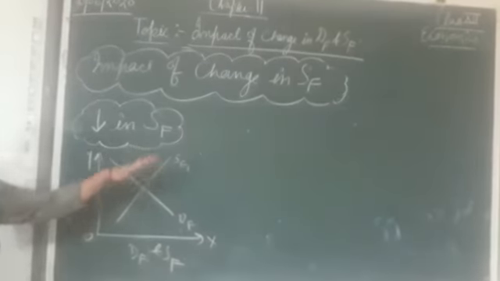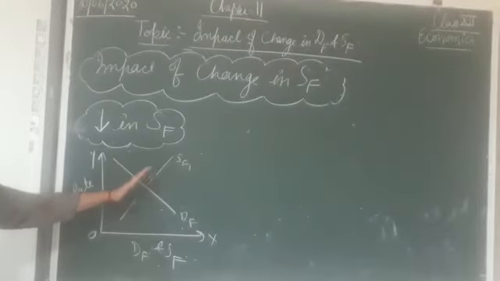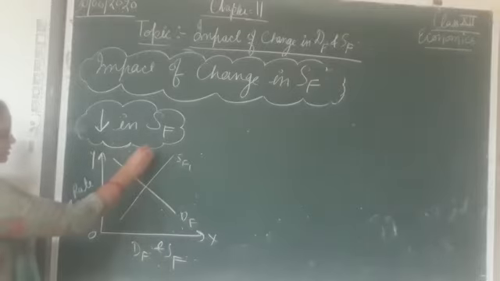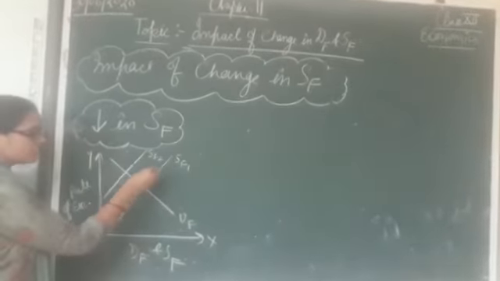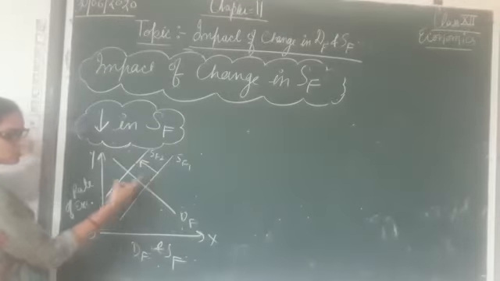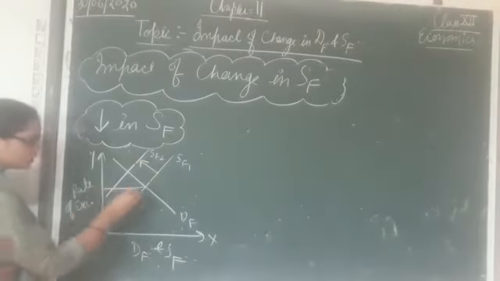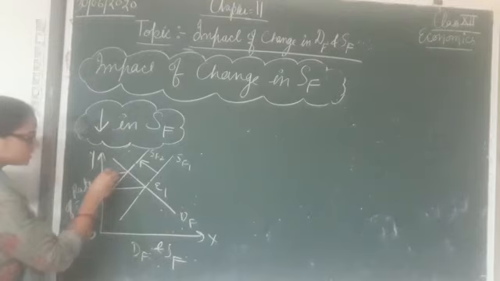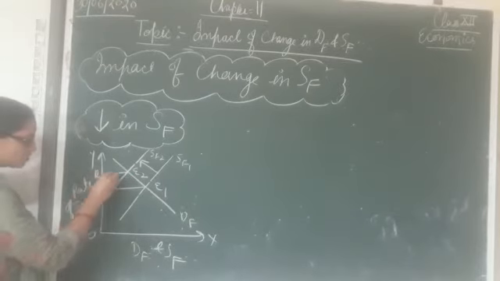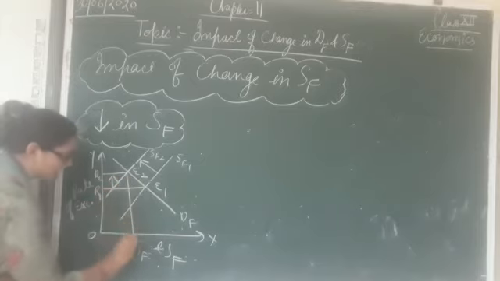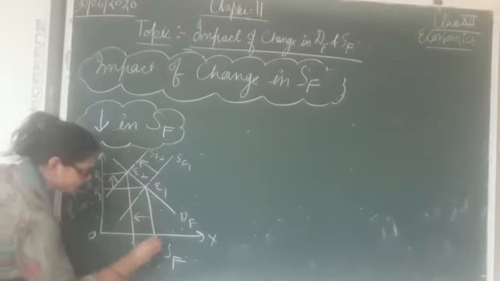If the supply decreases, then the supply curve will shift backward. Now this is the new supply curve. It shifted from this curve to this curve. So equilibrium, which was earlier E1, is now E2. Earlier the rate was R1, now the rate is R2. The rate is increased and the quantity is decreased.